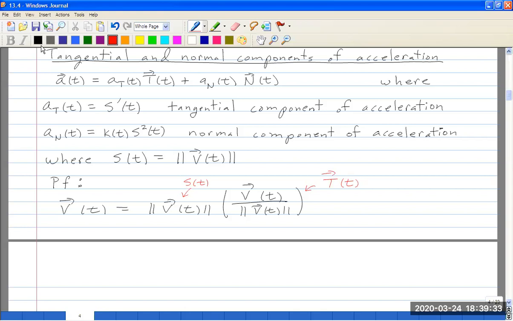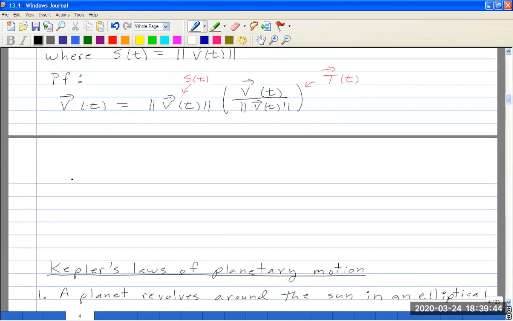Okay. So the acceleration is equal to the derivative of the velocity. So let's take the derivative of the first times the second, plus the first times the derivative of the second.